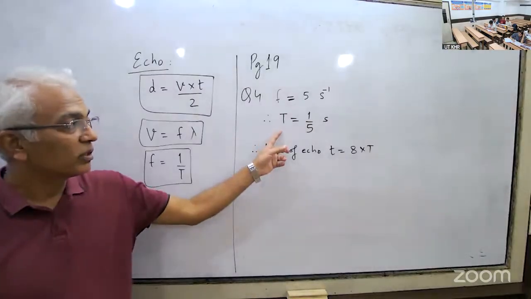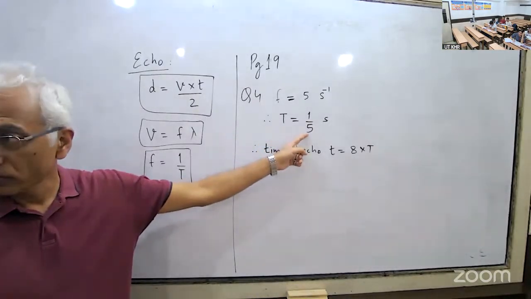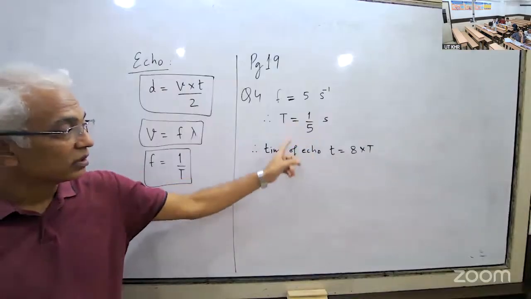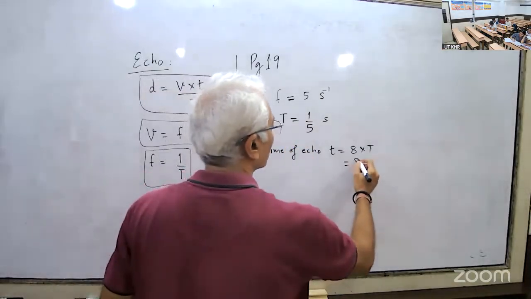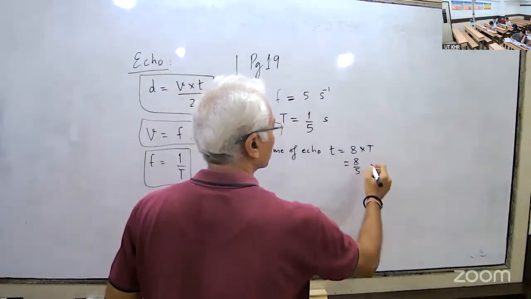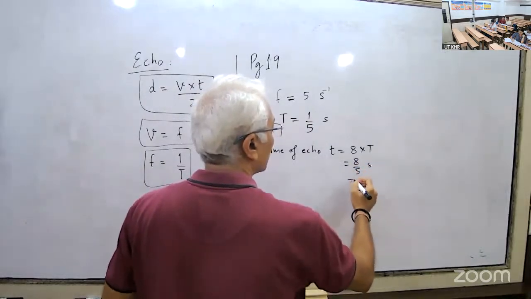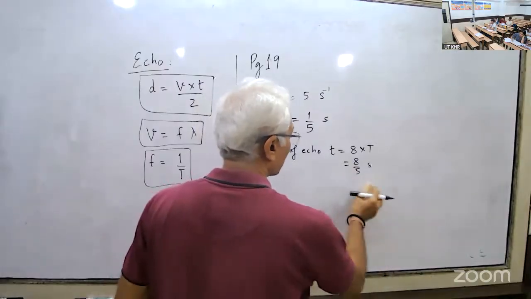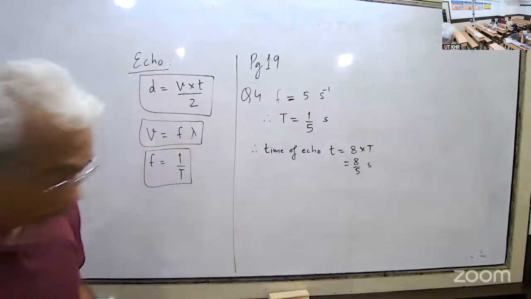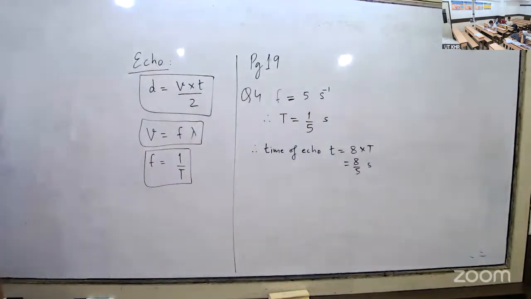What is the time period? Time corresponding to 1 vibration, which is 1 by 5 seconds. So time of echo is 8 into T, which is 8 by 5 seconds. So let it be like that. So we got the time of echo.